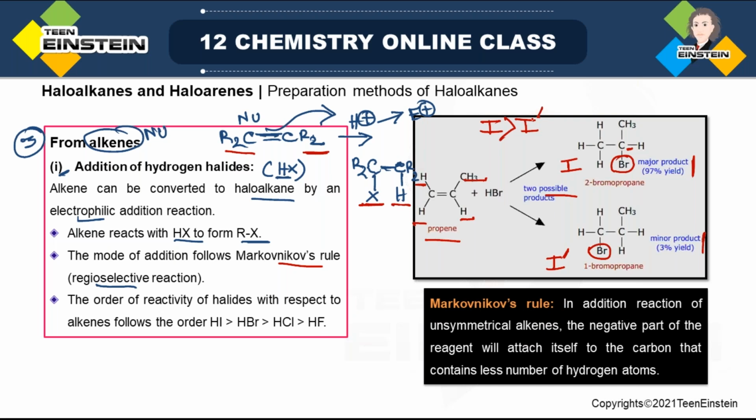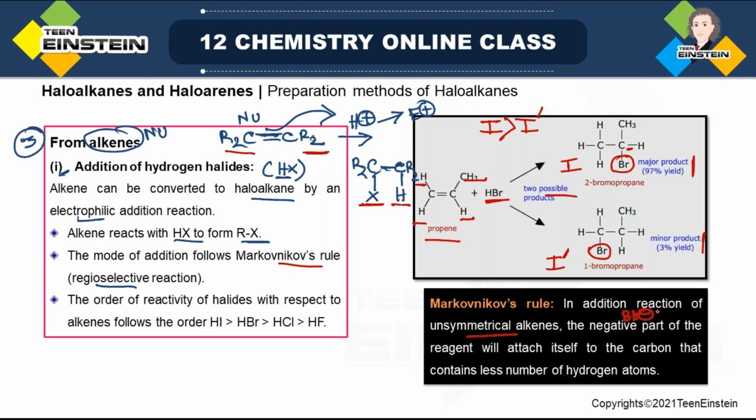According to this rule, whenever there is an unsymmetrical alkene and you are considering an electrophilic addition reaction, in the addition reaction of this unsymmetrical alkene, the negative part of the reagent, so here our reagent is HBr, negative part means Br minus. Now why are we calling it the negative part? Why are we not calling it halide?